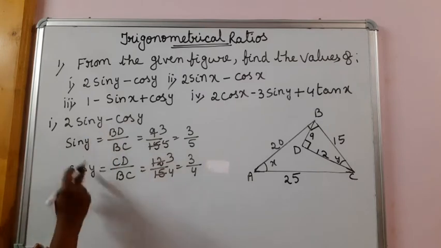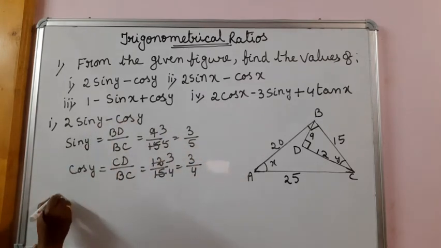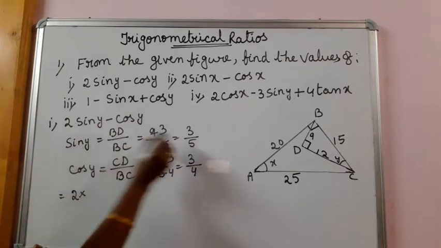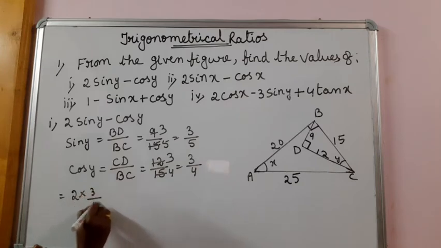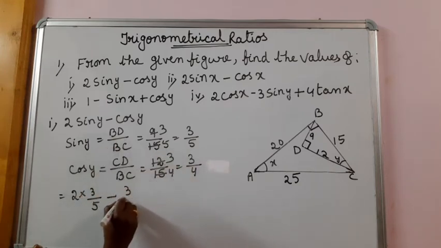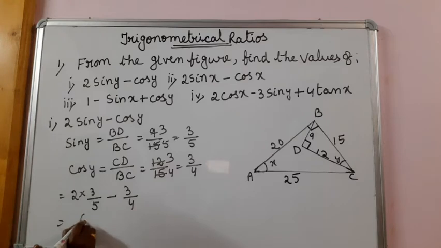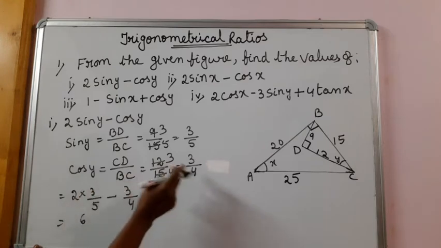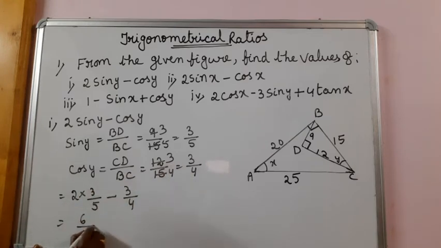Okay. Now let me substitute sin y and cos y here. That is equal to 2 into sin y, 3 by 5, minus cos y, 3 by 4. That gives you 6 by 5 minus 3 by 4.